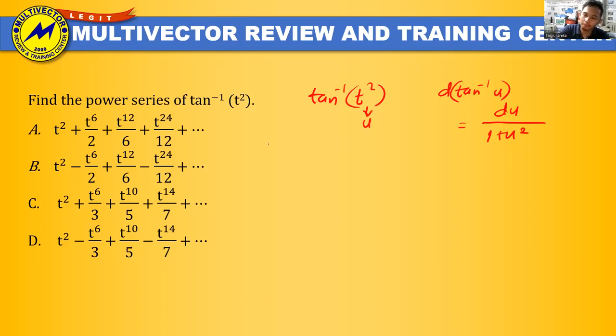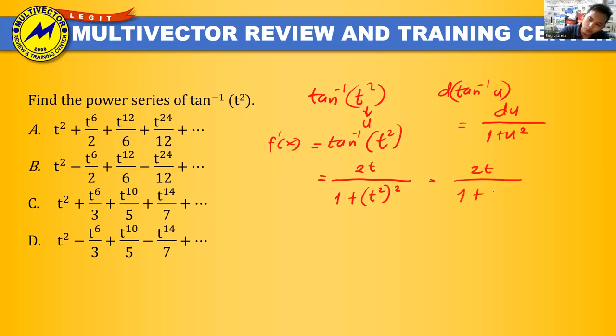Therefore, the first derivative of our function arctangent t squared: the derivative of u, which is t squared, is 2t, all over 1 plus u squared. U squared is t squared squared, which is just equal to 2t all over 1 plus t raised to 4.